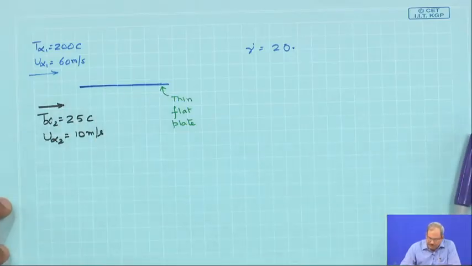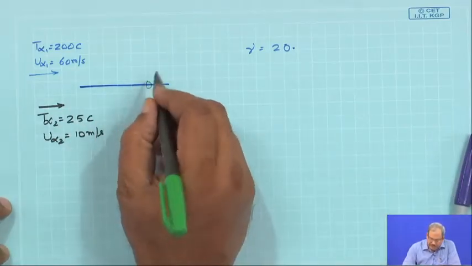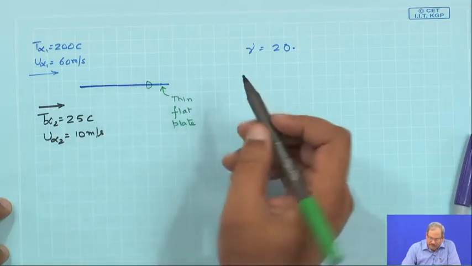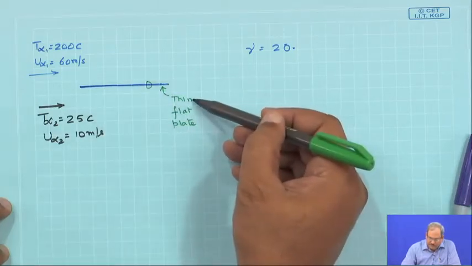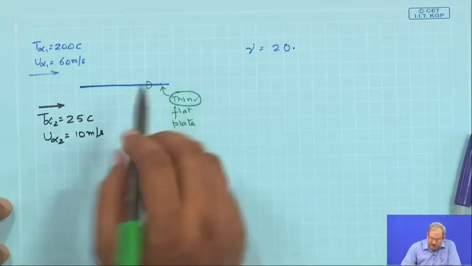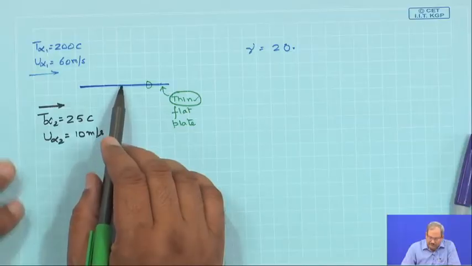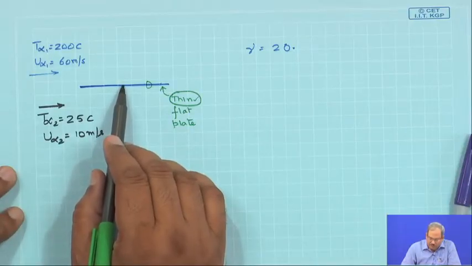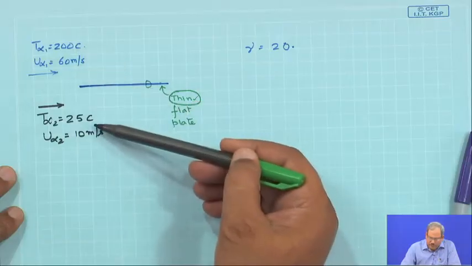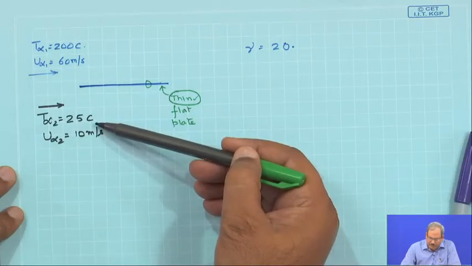So, this plate separates the two streams of air flowing at different temperatures, and the keyword here is thin. Since it is thin, we do not have to consider the resistance of the plate to heat transfer from the hot stream to the relatively cooler stream.